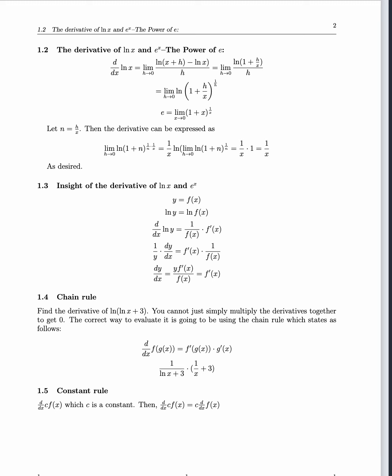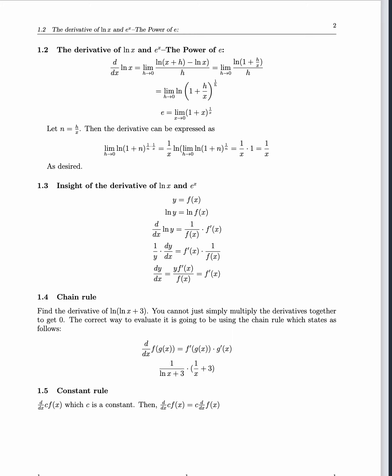So we have the product rule. Let's say we have two functions and we want to find the derivative of f of x times g of x.